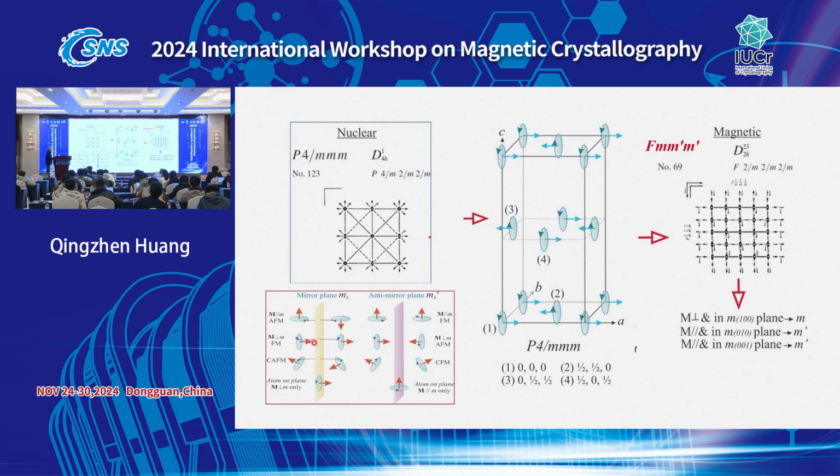You see this figure. It's perpendicular to the plane, so the result is ferromagnetic. So the first character direction is ferromagnetic, M.